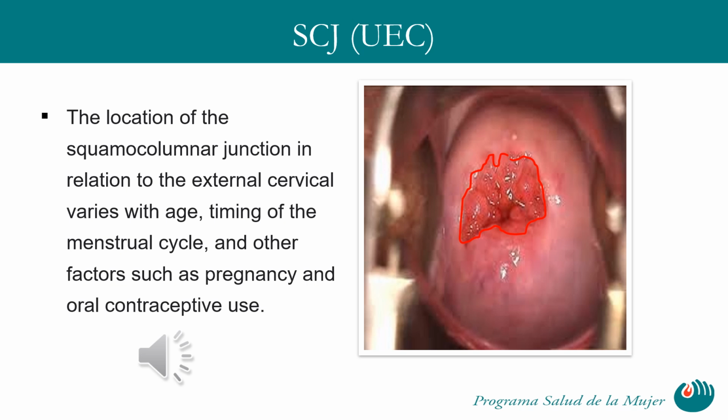In younger women, the junction is usually found more externally on the cervix, whereas in postmenopausal women, it may recede into the endocervical canal. Hormonal changes during menstruation can shift the position of the junction. In pregnancy, the junction may be more exposed due to cervical eversion and glandular cell proliferation. Hormones and contraceptives can lead to ectropion, making the junction more visible on the ectocervix.